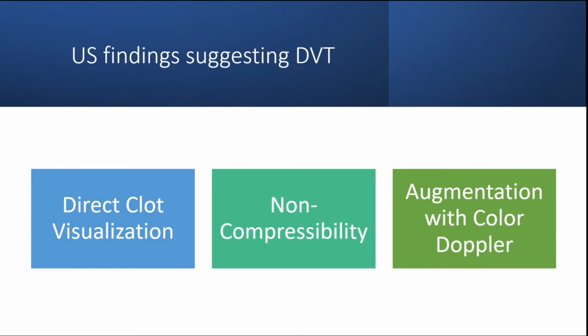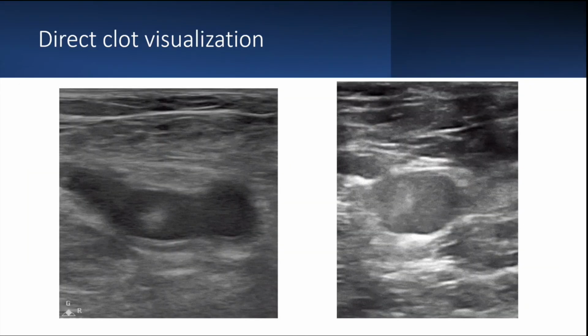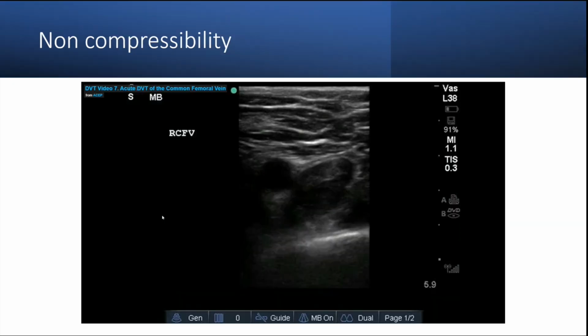As for the ultrasound findings of DVT, we can see the clot directly, and we see a non-compressible vein, which also suggests DVT, and we can also use color Doppler to help us identify the clot. Here we can see hyperechogenic material inside the vein, suggesting a clot.